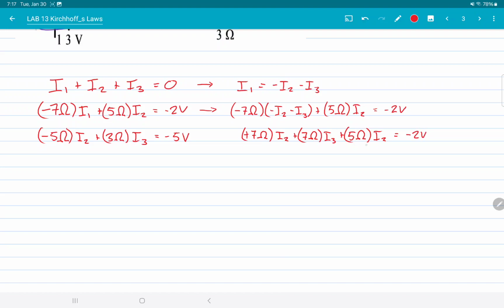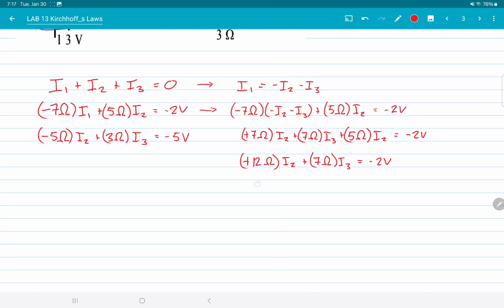Well, I have a couple of I2 terms here that I could combine. So plus 12 ohms I2 plus 7 ohms I3 equals minus 2 volts.